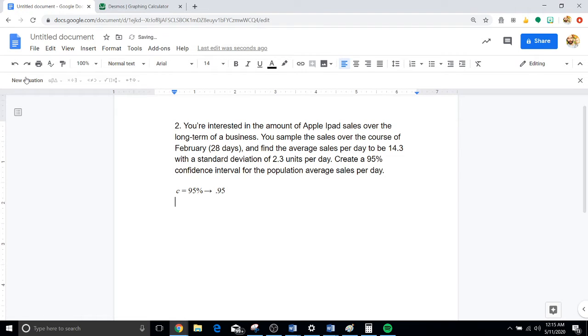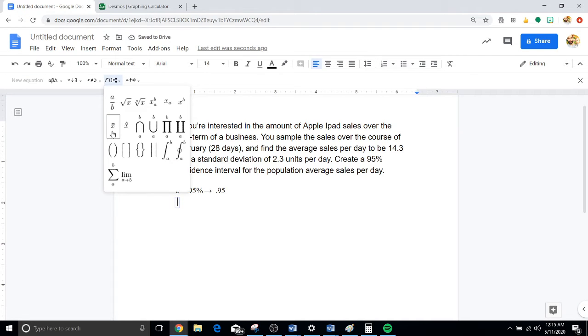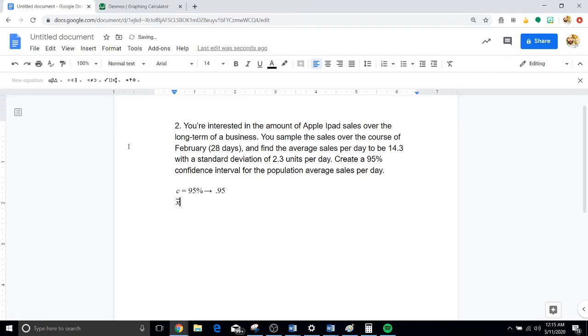All right, next up, we need to figure out everything else. So we know that our average, or our mu, or our x bar is going to be 14.3. So let's go ahead and write out our x bar. X bar is equal to 14.3.